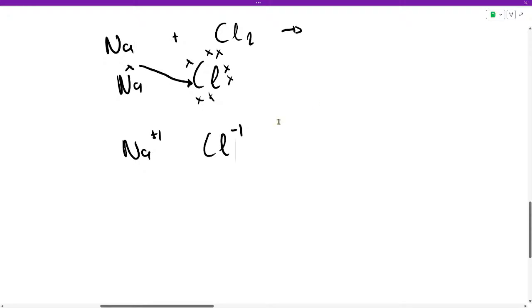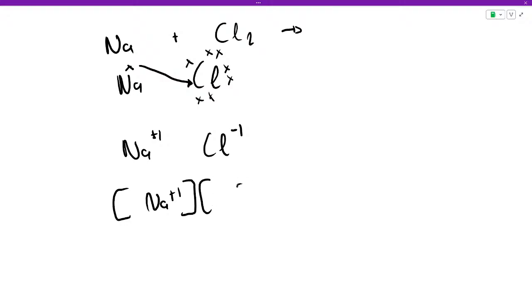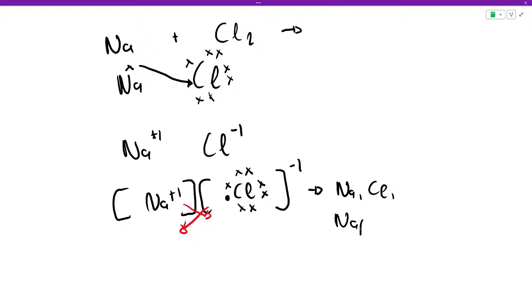Then you're going to write it like this: Na +1 in the big brackets, Cl with all your valence electrons and the one that Na gave, and that's going to become -1. If you swap the charges, you get Na1 Cl1, which is NaCl.